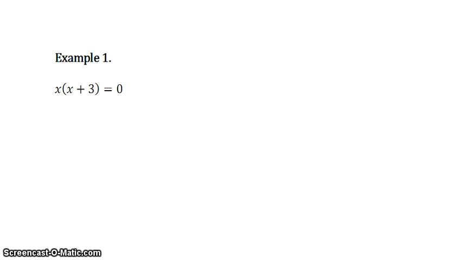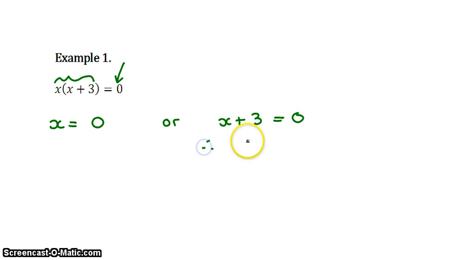So that's very important. So let's look at some examples. The first example, I've deliberately used one that's already factorized. Please don't go multiply this out, because then you're just going to have to factorize again. Is it equal to 0? Yes. Has this been factorized? Yes. So if I have two factors multiplied to give me 0, one of them has to be 0. So either x must be 0, or the second factor, x plus 3, must be 0.